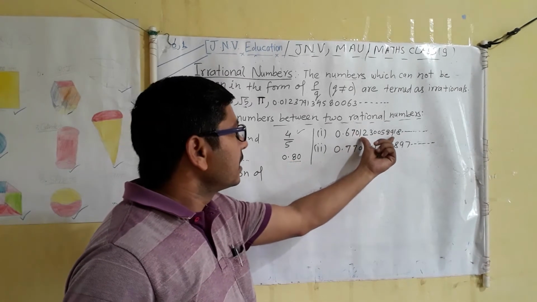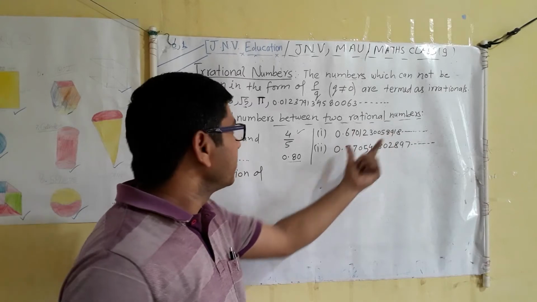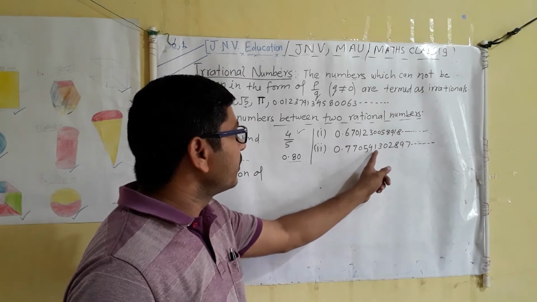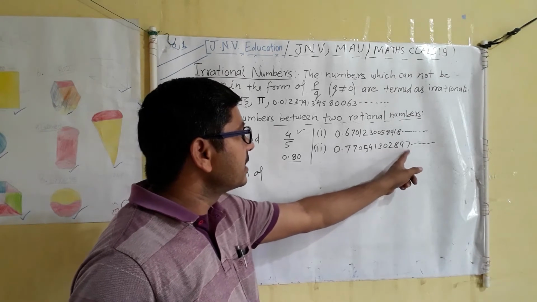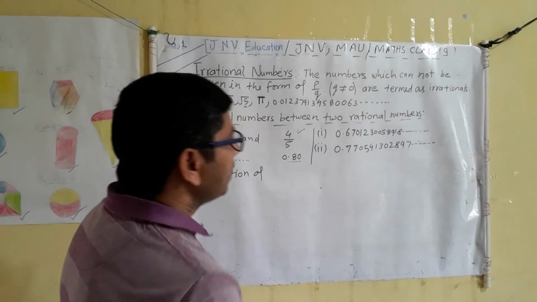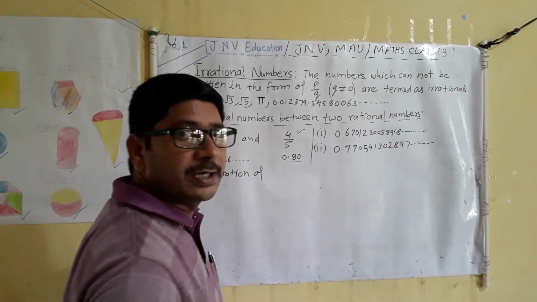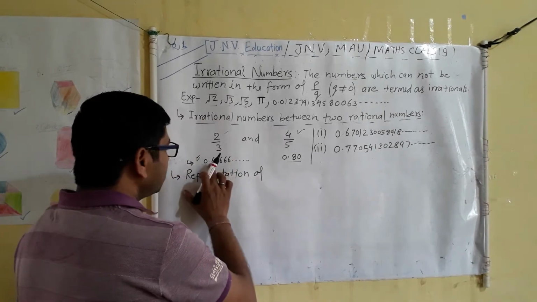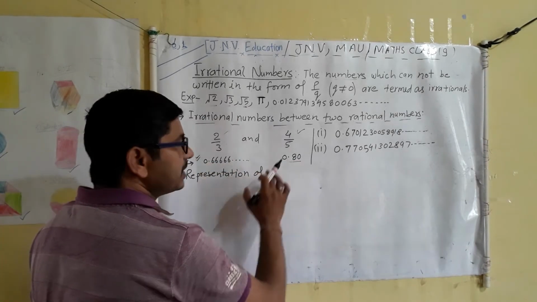So this is an example of an irrational number. Take the second one, 0.770541302897. No digit is repeated. That's why this is also an irrational number, that is non-terminating, non-recurring, and lies between 0.66 and 0.8.